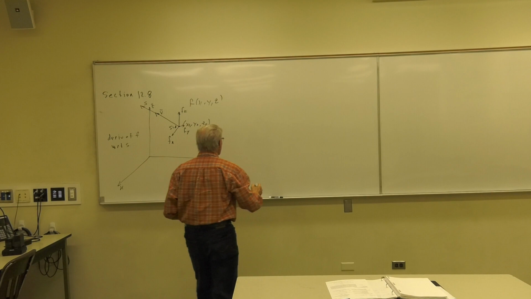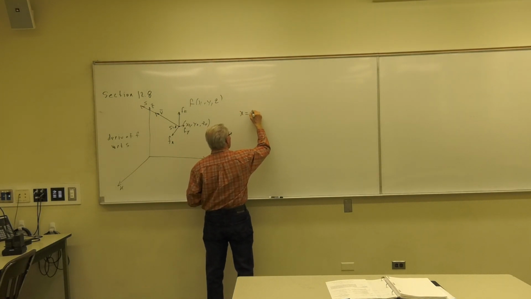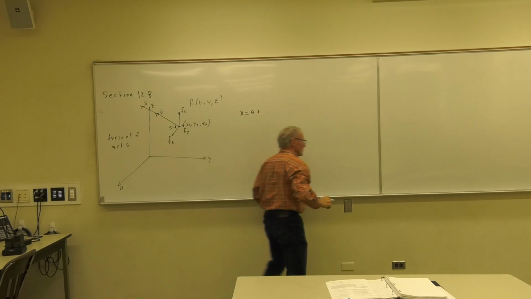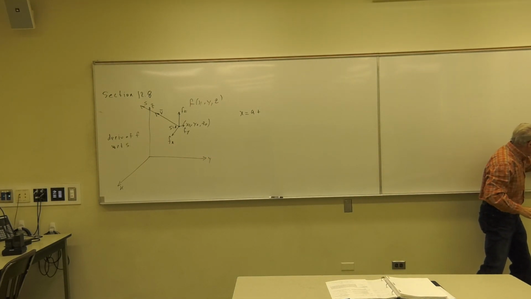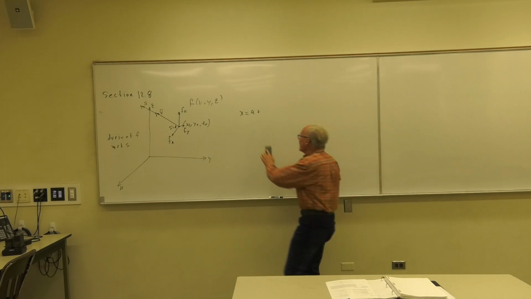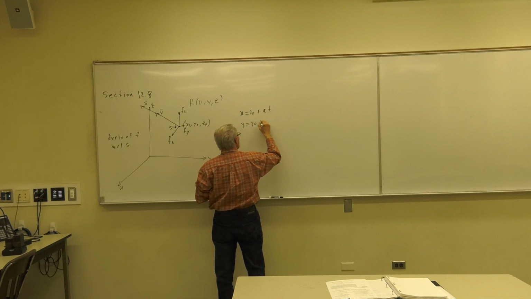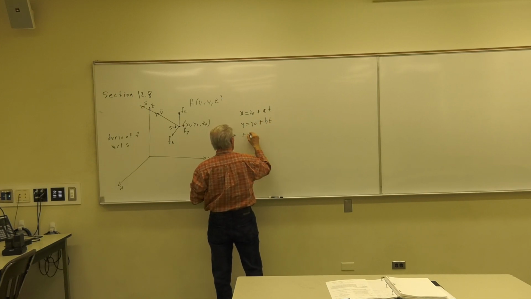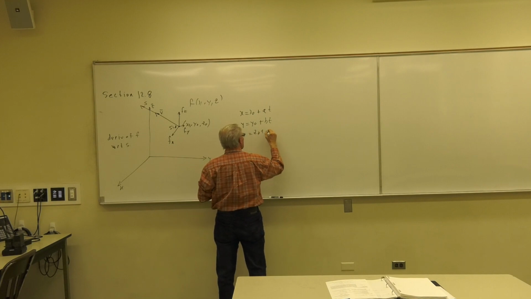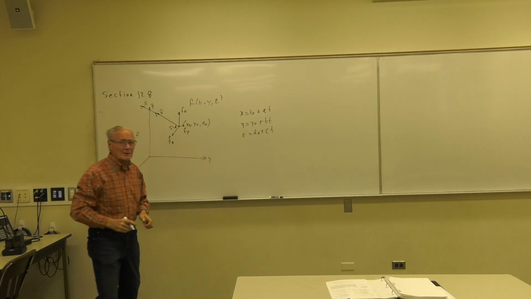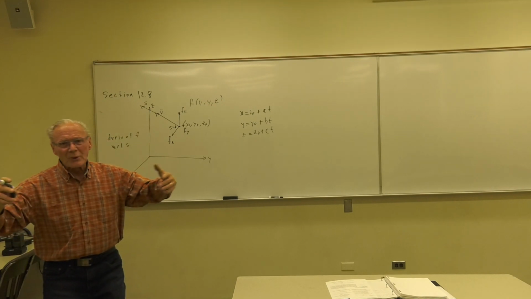Now, parametric equations look like x equal to x0 plus at, y equal to y0 plus bt, and z equal to z0 plus ct. That's what parametric equations would look like along this line for some parameter t.